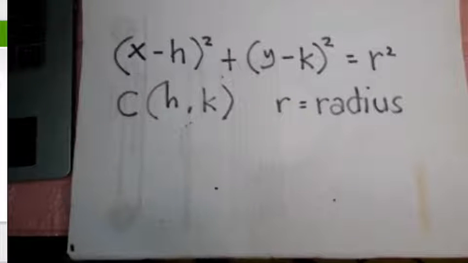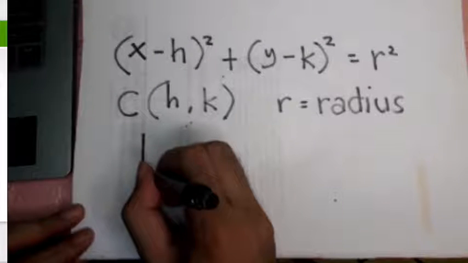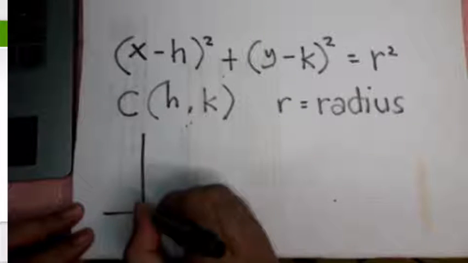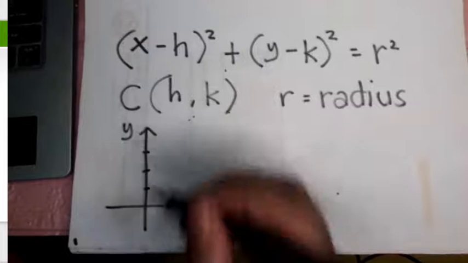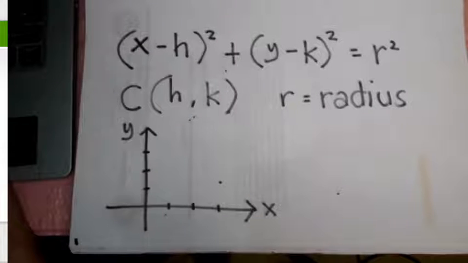So we have a graph that looks like this. You will notice X and Y are the variables.